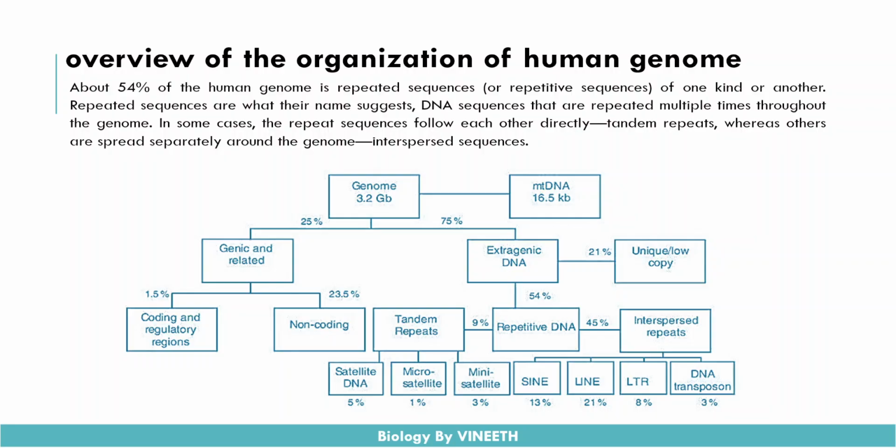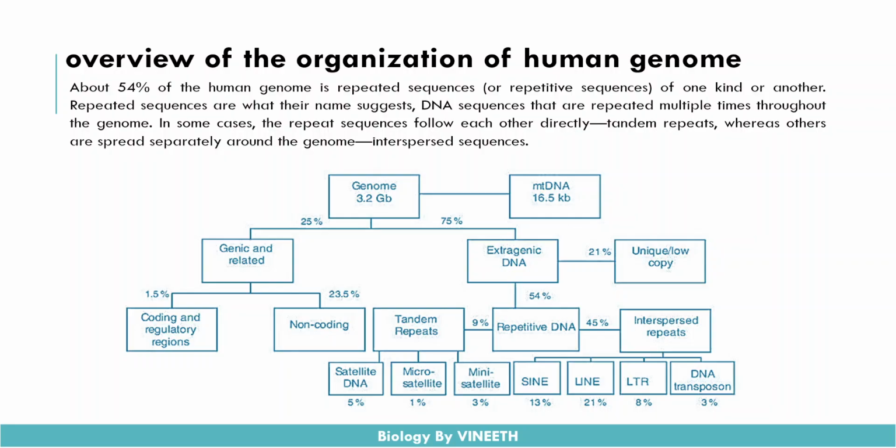Whatever the actual protein-coding or RNA-coding DNA is, that is only about 25%. This human nuclear genome is categorized into two categories: genic related and extragenic related DNA.